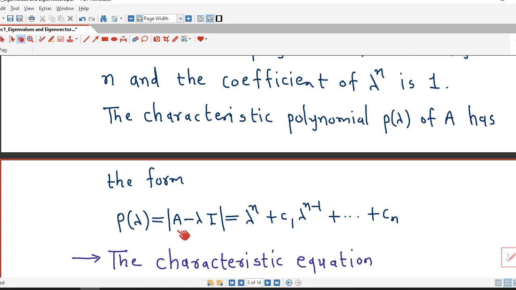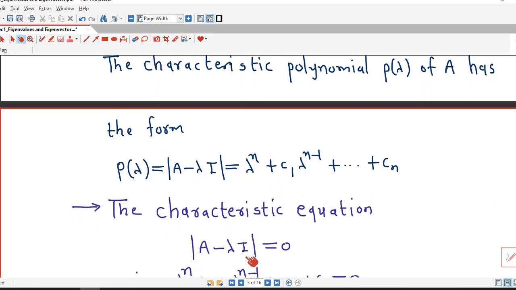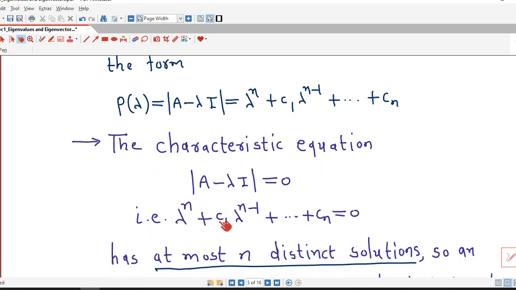If we expand this characteristic polynomial, it will always be in this form, in which the coefficient of the highest power of lambda is 1. So if we solve this characteristic equation after expanding this determinant, we will have this polynomial equation, and we know that an nth degree polynomial equation has at most n solutions.